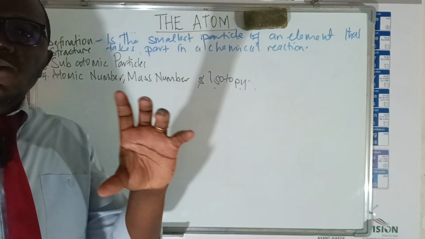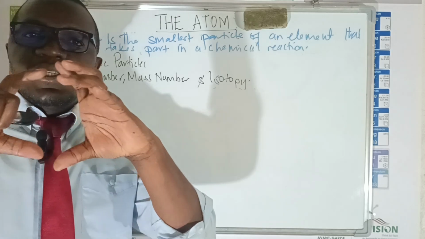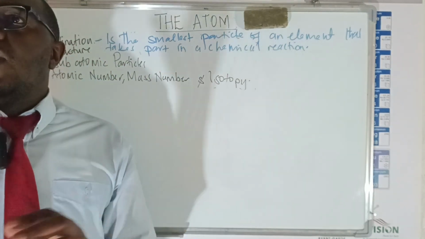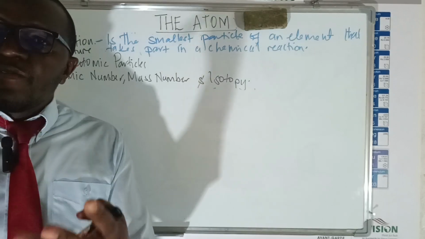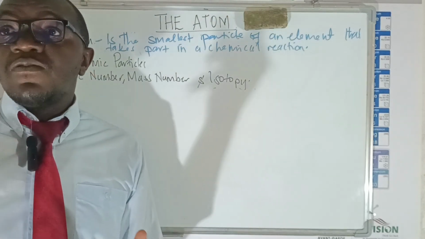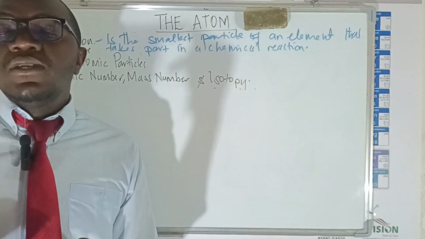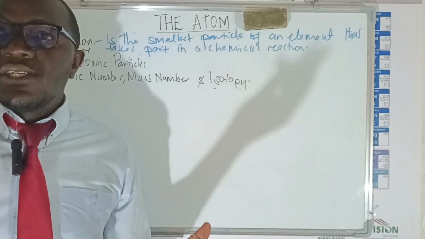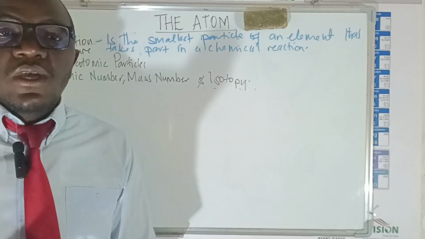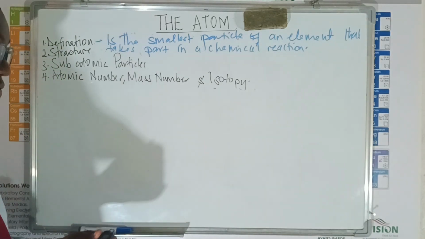Now, I'll demonstrate them in form of a table. I will draw a table, and then that table will be able to show the properties of these subatomic particles in terms of their charge, in terms of their mass, if they have. Then we look at the locality. Where are they found? Then I believe that it will be very clear.